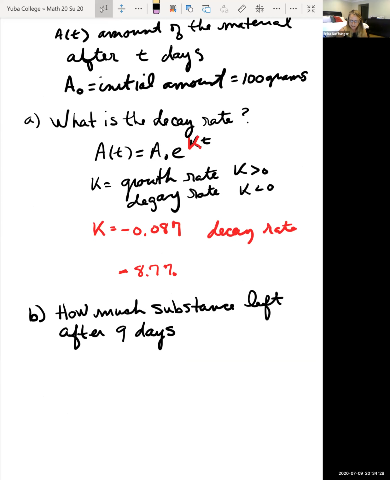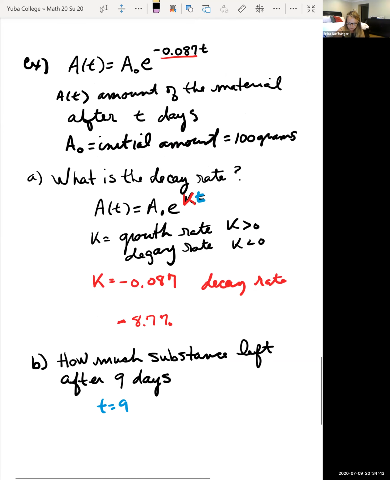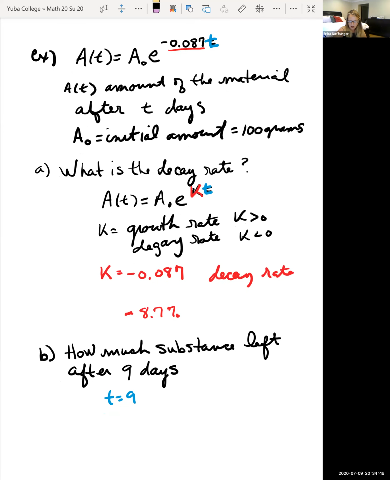And so we know T in this case is equal to 9. And so we can go back up in here and we can plug in 9 into our formula. We also know what our initial amount was. That initial amount that we were given was 100.